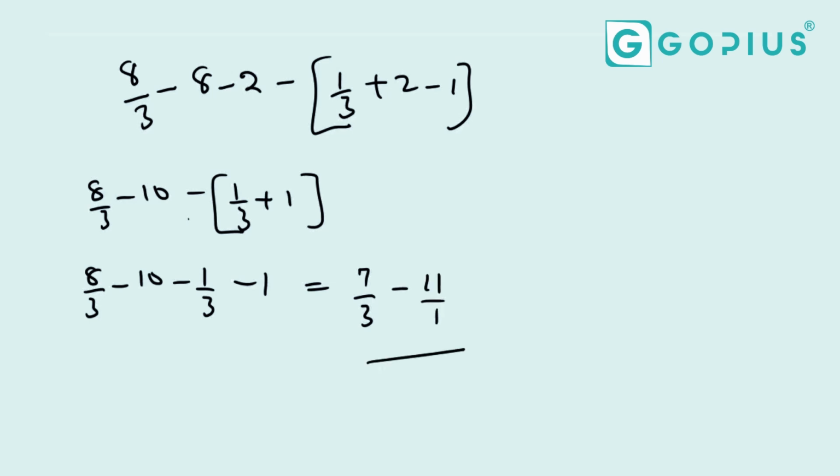At this point we can find the LCM, which is 3. 3 into itself is 1, times this 7 on top will give us 7, then 1 into 3 is 3, 3 times the other number.